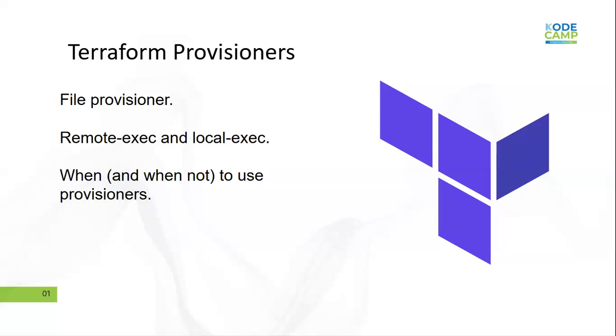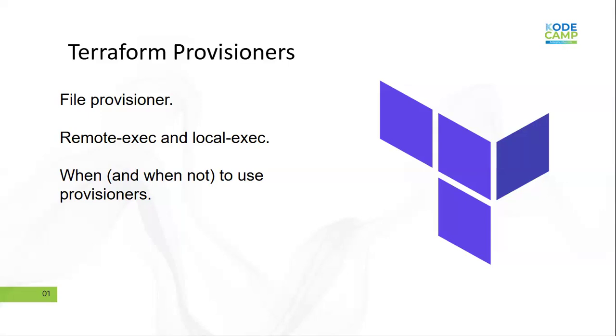Then file provisioner, if you have a particular file, probably a shell script that you want to execute. Probably you have a project where they tell you, once this thing is launched, launch this setup, to automatically provision this stuff. You use file provisioner to copy that setup to your server.